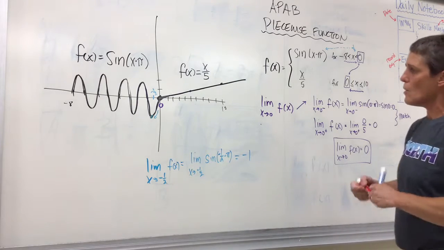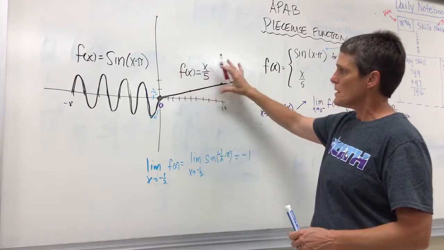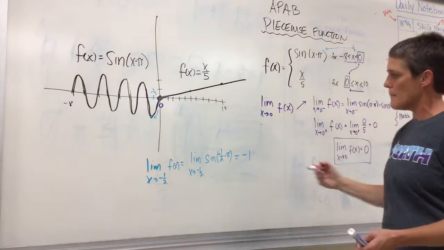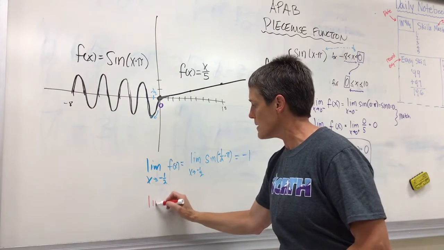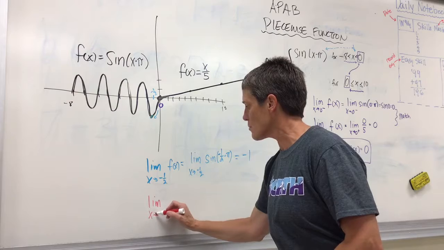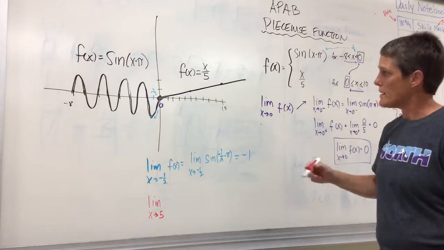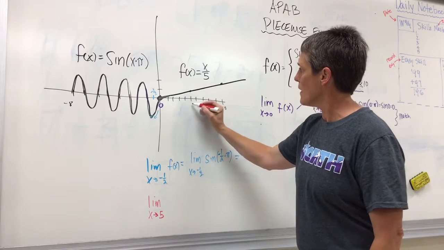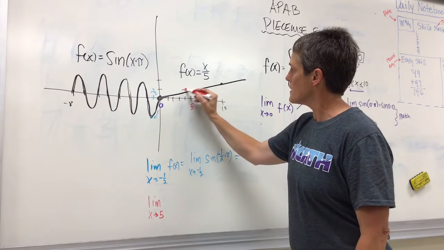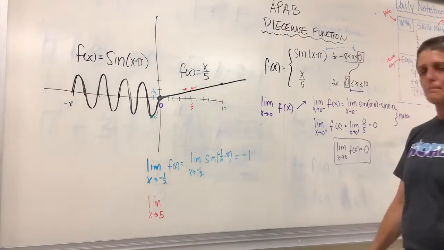Or they could ask you a question dealing with this function. Like, for instance, they might say, what is the limit as x approaches 5? As x approaches 1, 2, 3, 4, 5. What is my limit here?